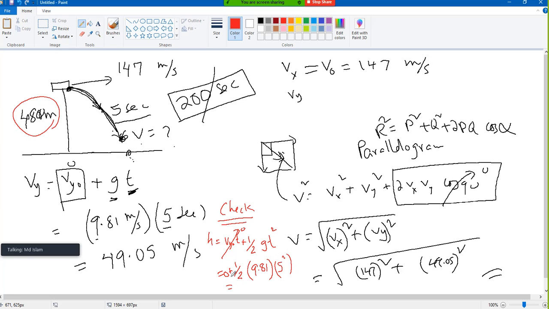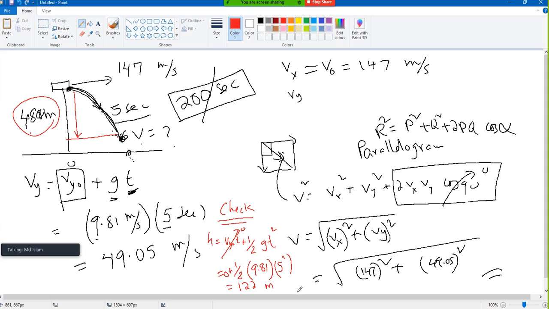What is the height? 0.5 times 9.8 times 25. That means my height is about 122. That means after 5 seconds, it will actually not yet come to the ground. It will go this height. So our problem is right. Whatever we solved is right.